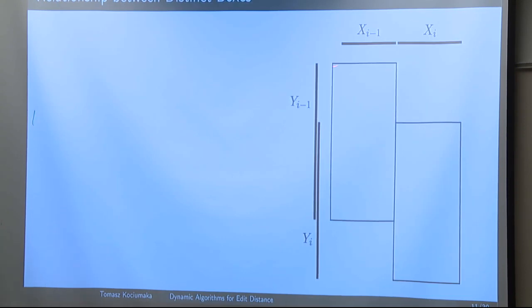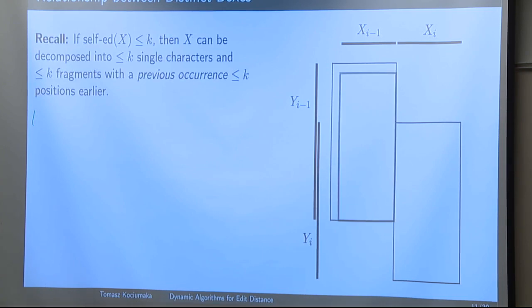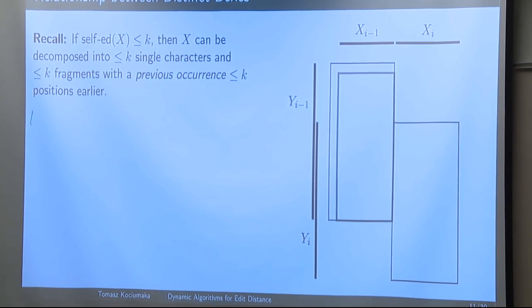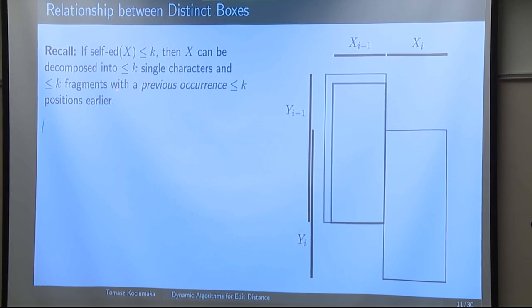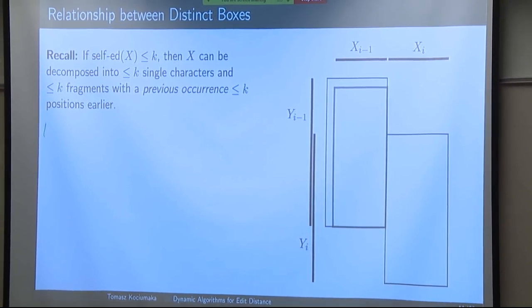So we could have two phrases, and they could be of different length even. And what we have, however, is this property that the string x can be decomposed into few individual characters and fragments with previous occurrences.